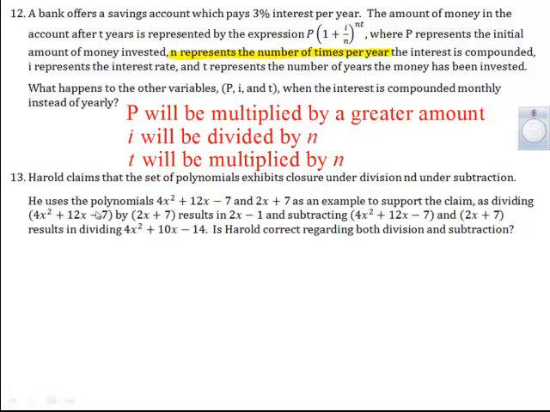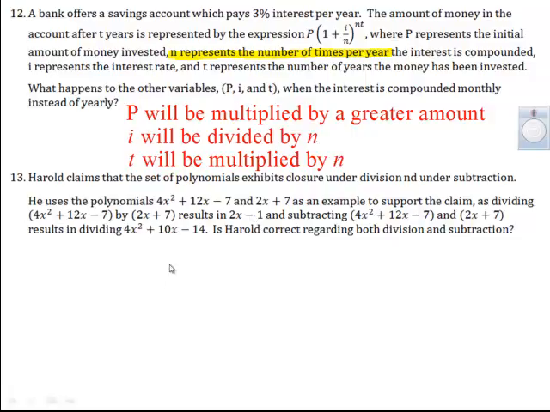So here it's saying he's starting off with a polynomial, and then he's got another polynomial, and he's going to divide them, and he's saying that if I was to divide these two, the result is this, and then subtracting these two will result in this. So is he correct regarding both division and subtraction?